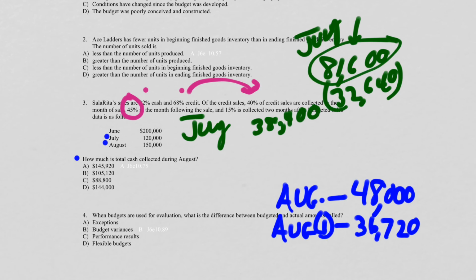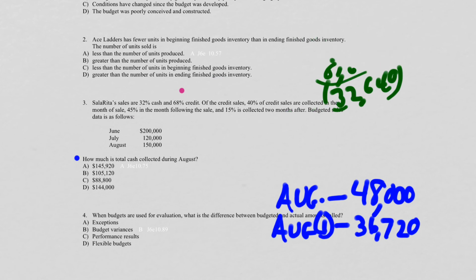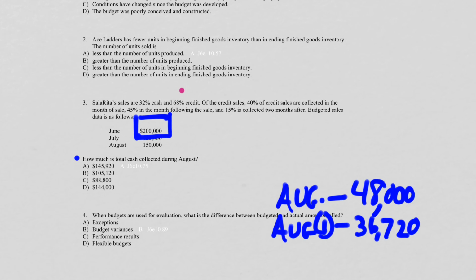Now we do the same thing for June. I'm going to make some erasers here so we can see June. In June, 68% of the 200 was credit sales. 40% of this 136 credit sales was collected in the next month, but that's July.